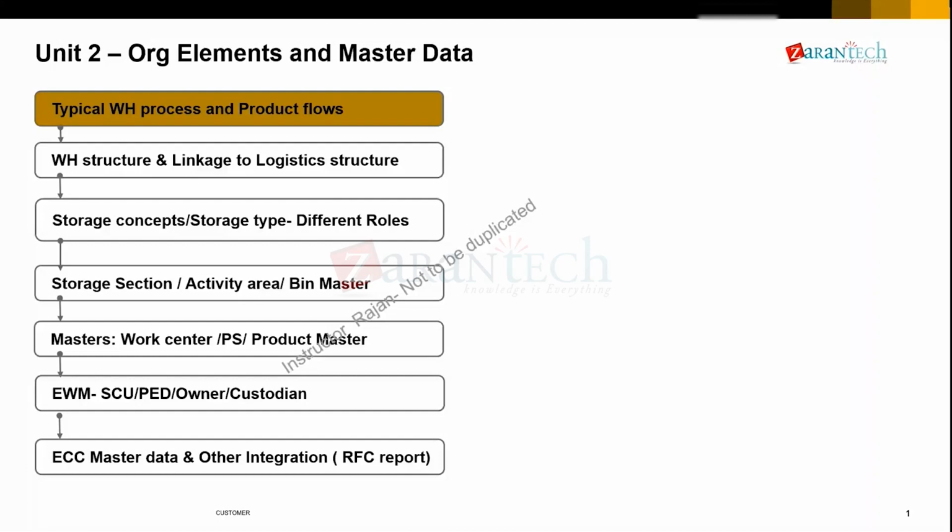Much more features are there in activity area, whereas the pick-in area is sort of lean functions. Then the bin master, and jumping to the master data, all the master data like the work center master data, the packaging specification, product master data, and also we will try to understand the terminologies: supply chain unit, PED, owner and custodian, and finally how to integrate this master data.